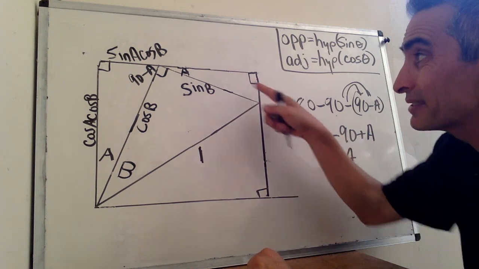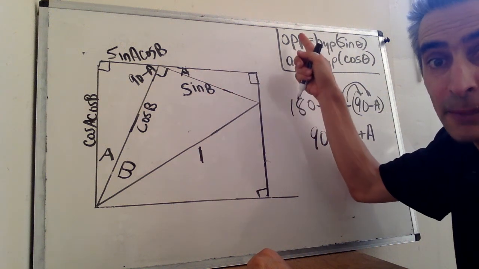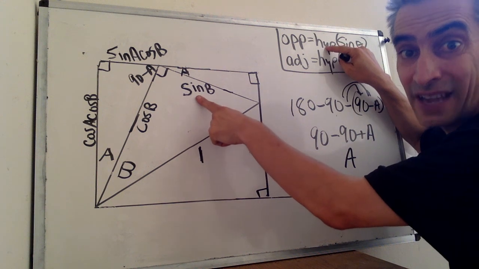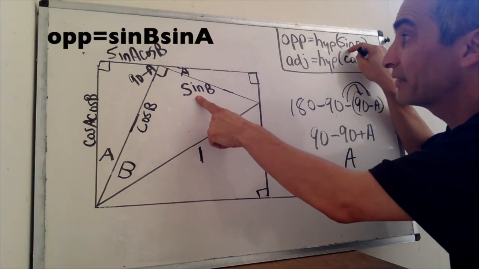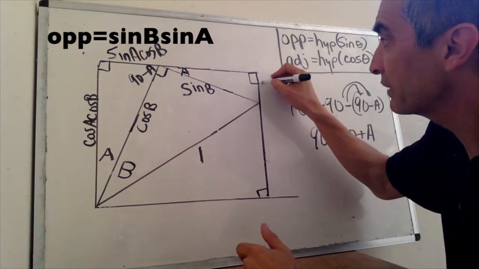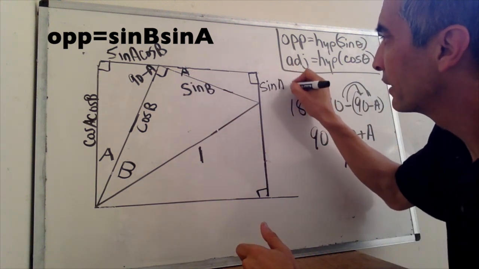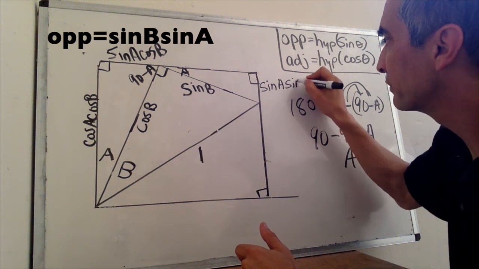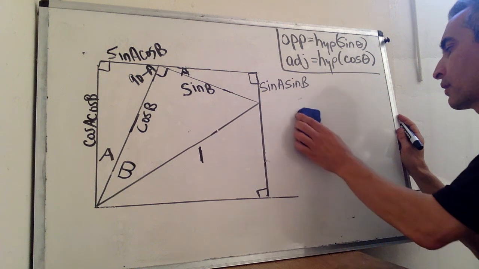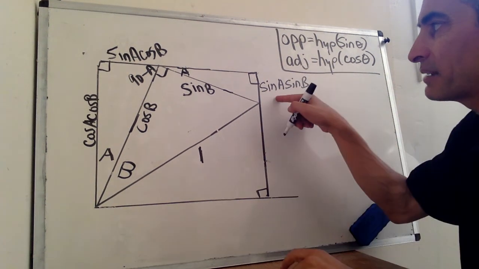This side is opposite of angle A, so we use our opposite formula, which says that opposite equals the hypotenuse, which is the sine of B, times the sine of the angle, which is A. So this is going to be the sine of A times the sine of B. So we have the sine of A times the sine of B here.